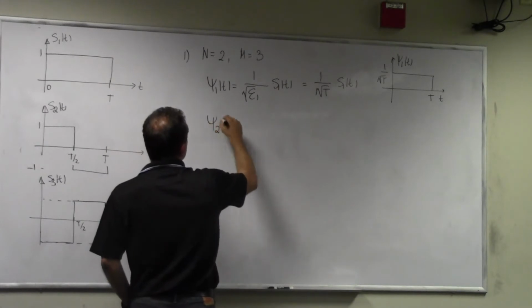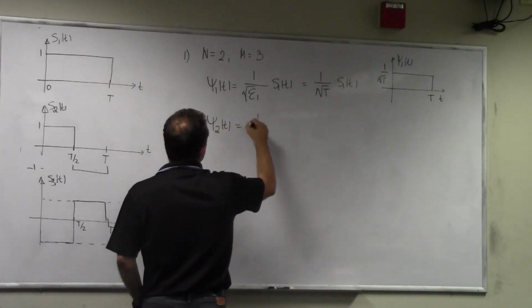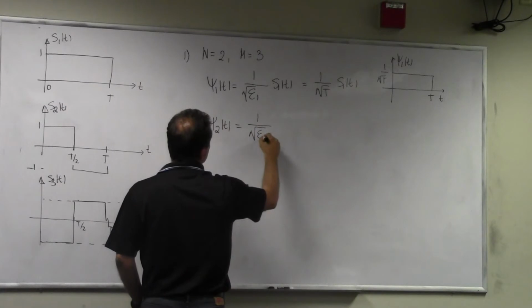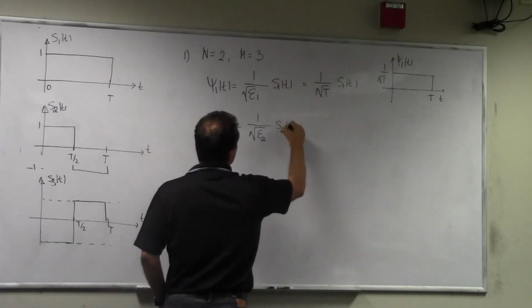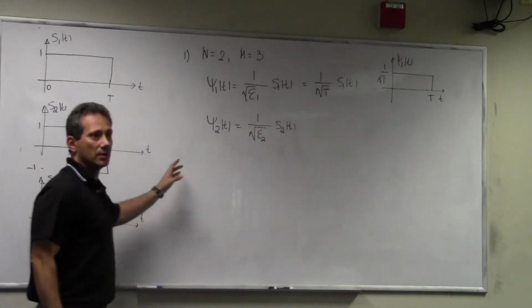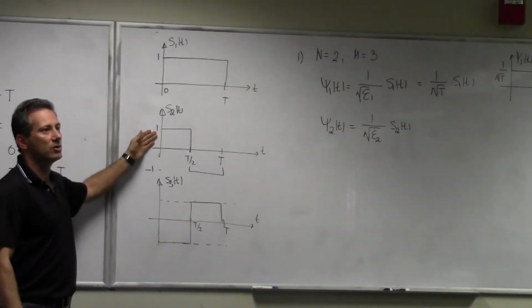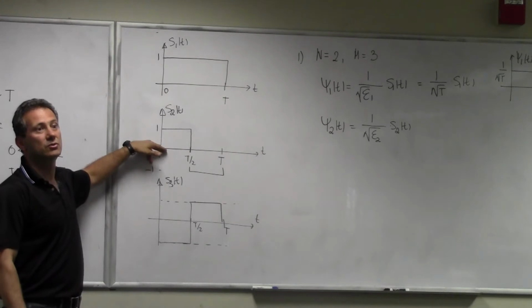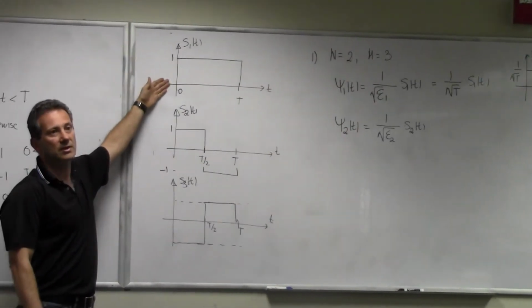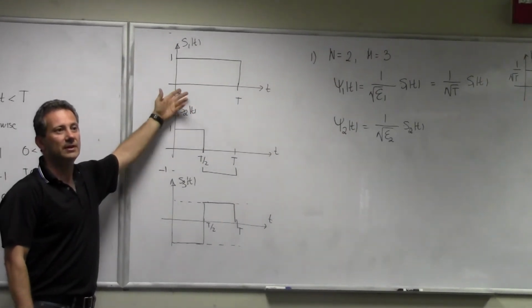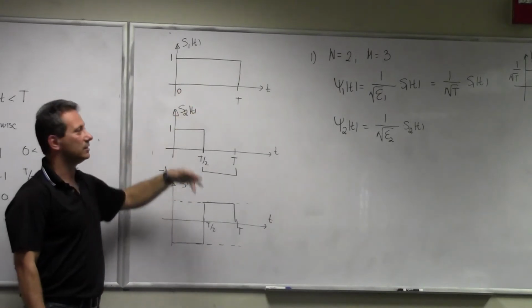Now, psi 2 of t, I'm going to say that this is 1 over square root of energy 2 times S2 of t. You cannot say this always, right? This is a special case because S1 and S2 are orthogonal, so the projection of S2 on the direction of S1 is equal to 0. So even if I did Gram-Schmidt orthogonalization, I would get this result.